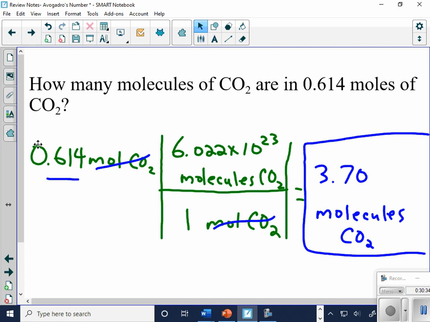So make sure you check your calculator on that back end to see if there's a times 10 to the something you have to add in.